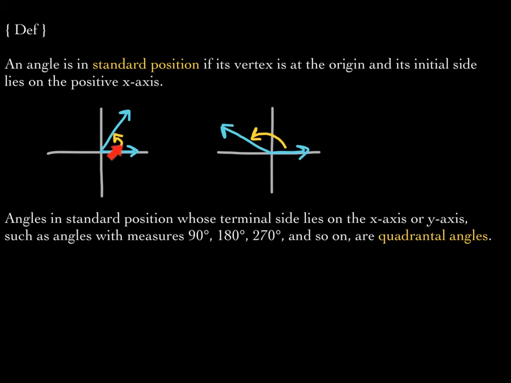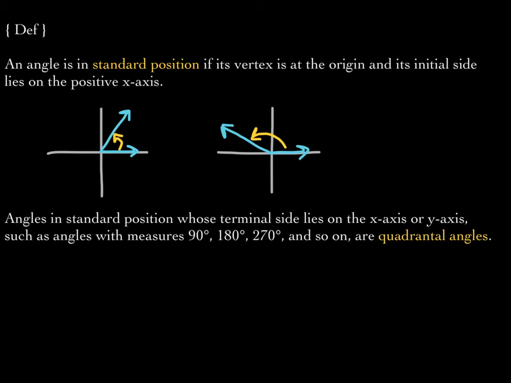Notice that it has positive measure because it's opening counterclockwise. This angle is also in standard position because its initial side is on the positive x-axis and its vertex is at the origin. It also has positive measure. An angle in standard position is said to lie in the quadrant in which its terminal side lies.